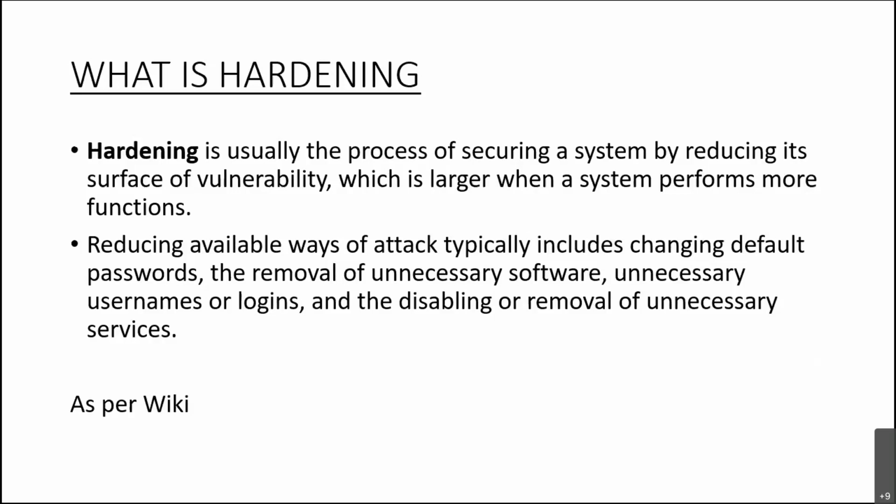We should secure our system in such a manner that we reduce the attack surface or the attack environment for the adversary. So when I say reducing, it means reducing unnecessary software, unnecessary usernames, and disabling unnecessary services. This is as per Wikipedia.